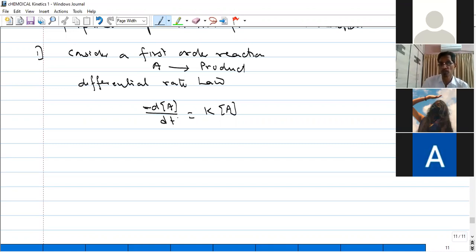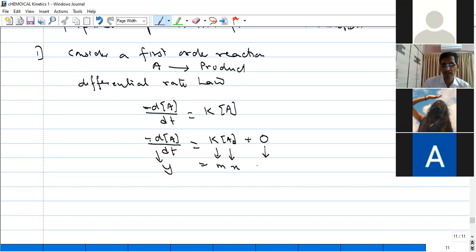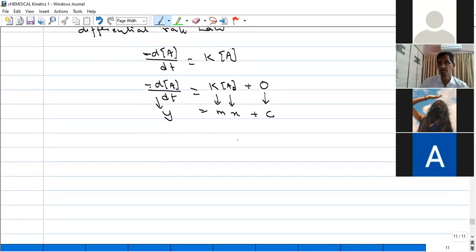This is the differential form. If you write this, minus dA upon dt equal to K into At plus 0, you'll get this is y, this is m, this is x, this is c. y is equal to mx plus c is the equation of a straight line, but c is 0.